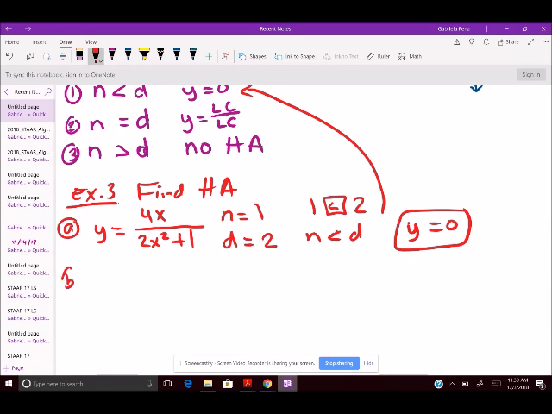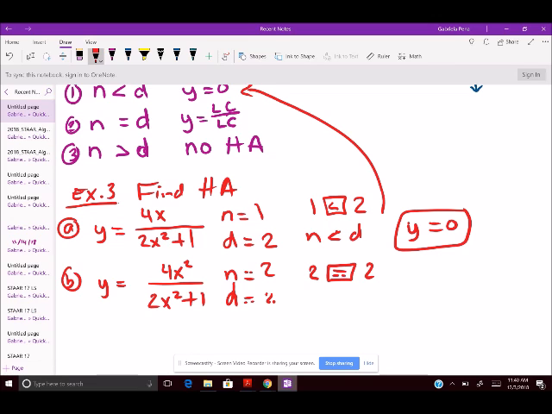If I look at the next example, y equals 4x squared over 2x squared plus 1. The degree of my numerator is 2. The degree of my denominator is 2. So is 2 less than, equal to, or greater than 2?